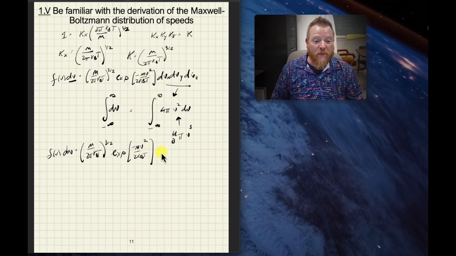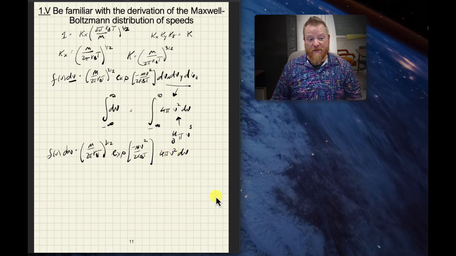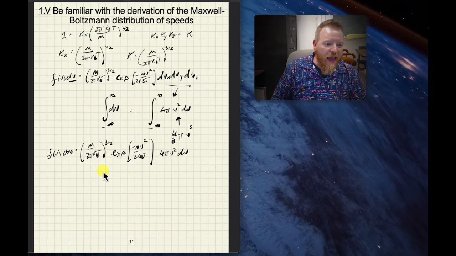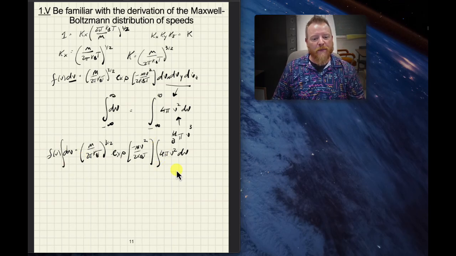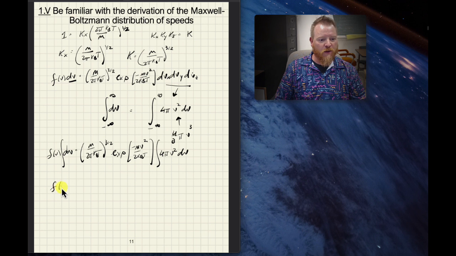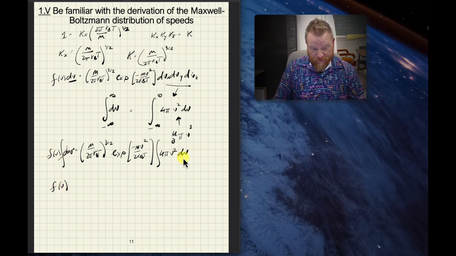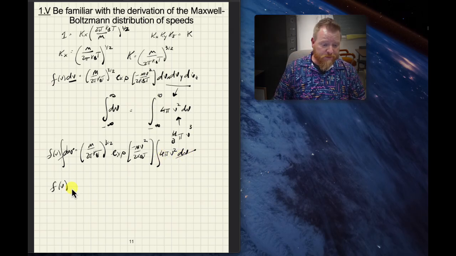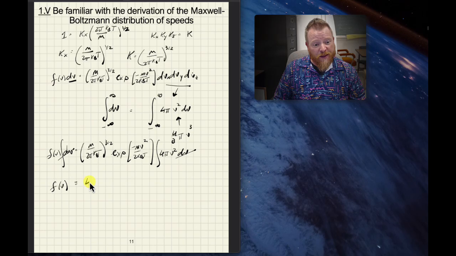And then now that becomes times 4 pi v squared dv. Okay, and if we integrate those volume elements, we end up with the following. F of v, so what we're really trying to do is just eliminate the dV and the dv. So I'm going to bring those out in front. And what we are left with is the following.